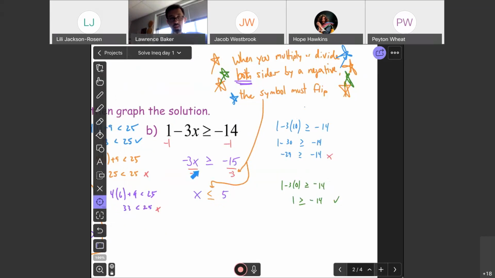We chose to divide by negative 3 in order to get x by itself. That's what changes this. And the reason it's changing is because if we don't change it, our answers are wrong. It's really as simple as that. When we don't do it, we get the wrong answers, and when we do it, we get the right answers. So let's do it. But it's super easy to forget.